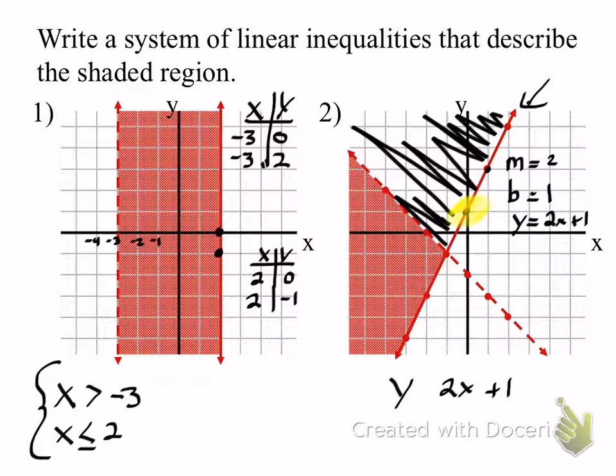Y is less than or equal to 2x plus 1. Why is it less than? Let's look at these. Here's 1. Here's 2. Here's 3. If I continued that shading, it would hit numbers on the y-axis that are greater than. So that would have to be a greater than or equal to.